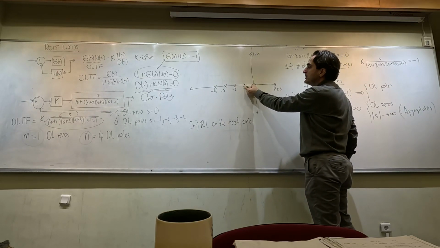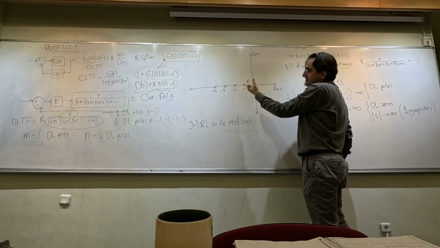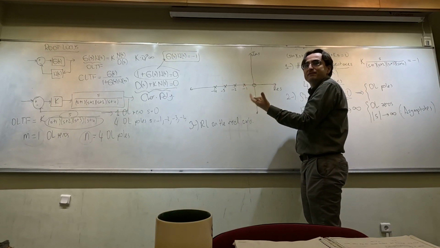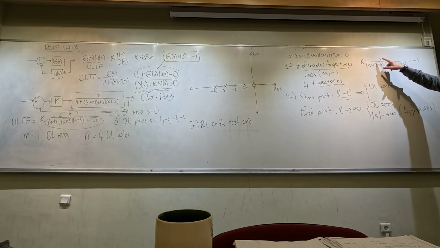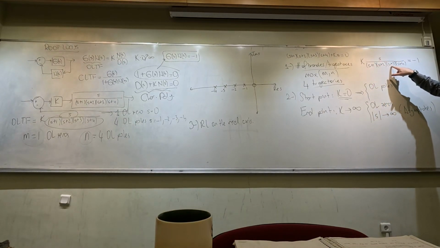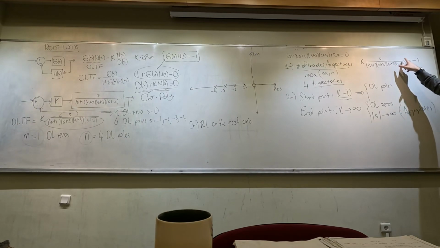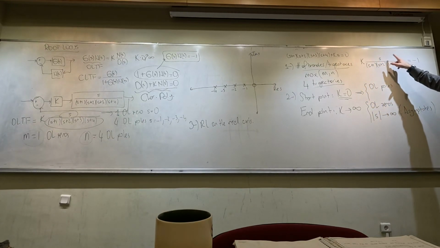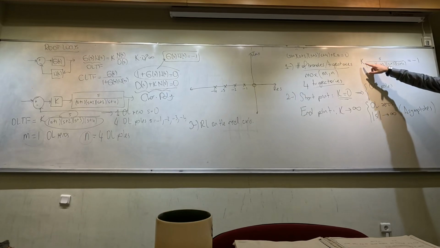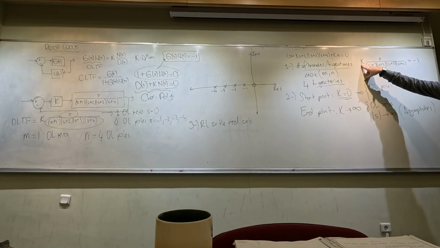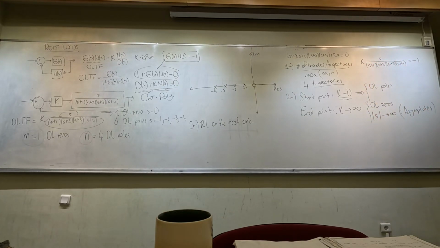On the other hand, what happens if s is somewhere here in this interval? If s is real and in this interval, s is something like minus 0.5, for example, okay? In that case, this thing is negative and this thing is positive, positive, positive, positive. So we see that this ratio then would become a negative number if s is real and between minus 1 and 0. And in that case, by choosing a positive k, I will be able to satisfy this equation.